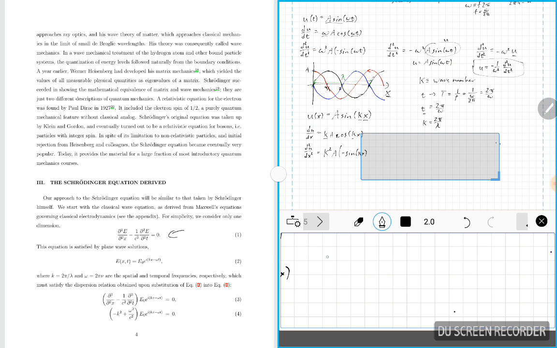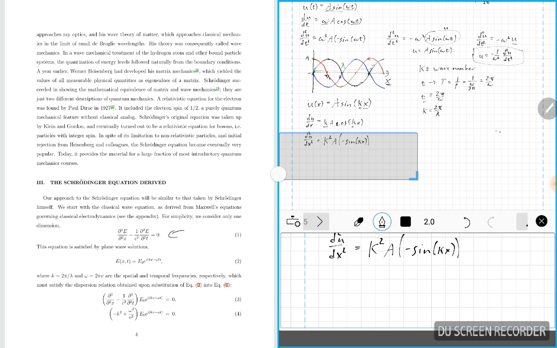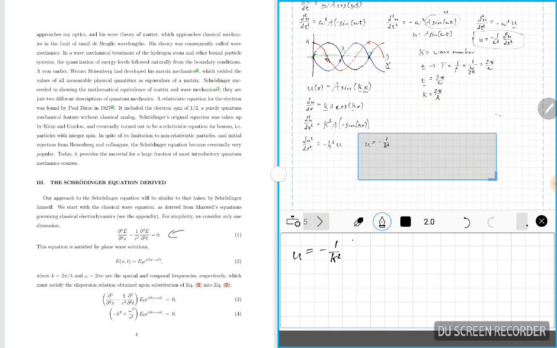So what we get here is that our second derivative is equal to negative k squared times a sine kx, which is u. I can write that again: u equals negative 1 over k squared times d squared u dx squared.